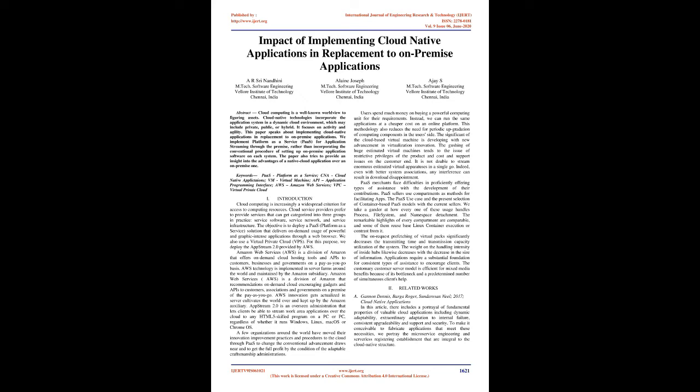PaaS vendors face difficulties in efficiently offering services with the growth of their offerings. PaaS vendors use containers as a means of hosting apps. The PaaS use case and the present selection of container-based PaaS models with the current vendors. We look at how each of these implementations handles process, file system, and namespace isolation. The notable features of each container are similar, and some of them reuse base Linux container implementation or differ from it.